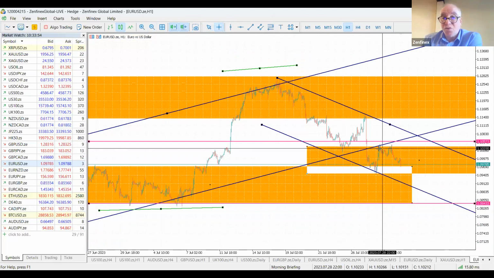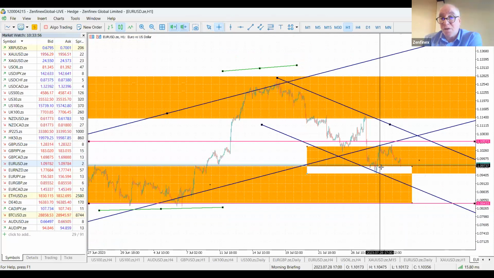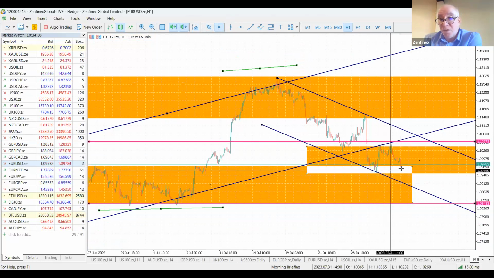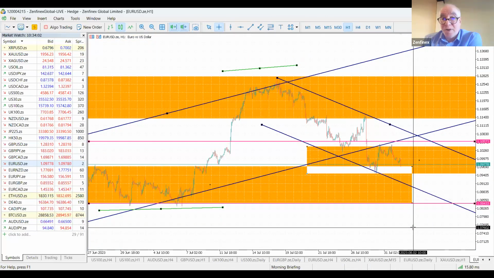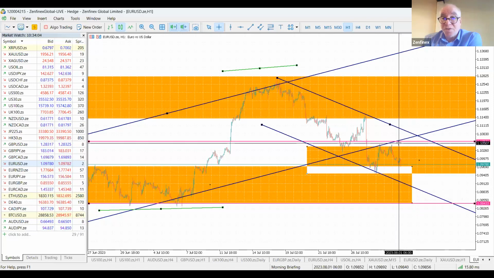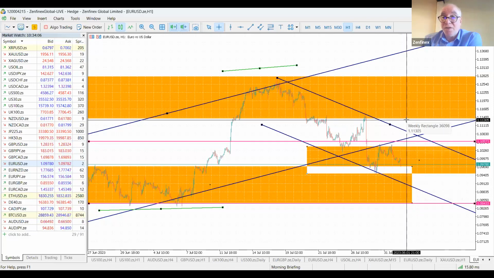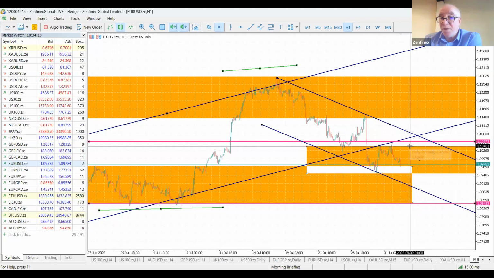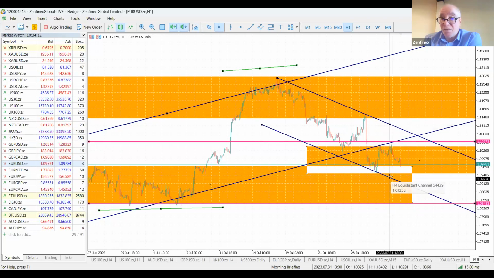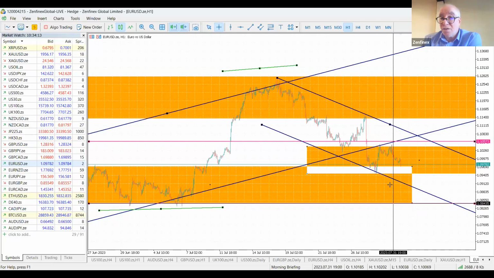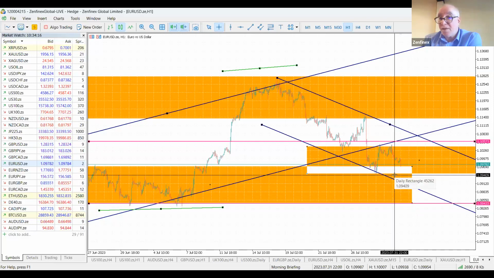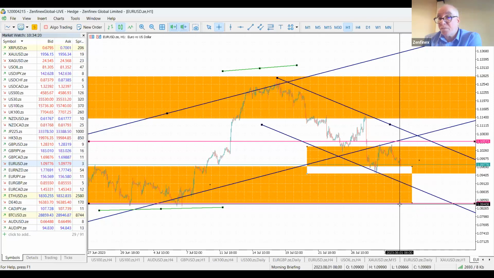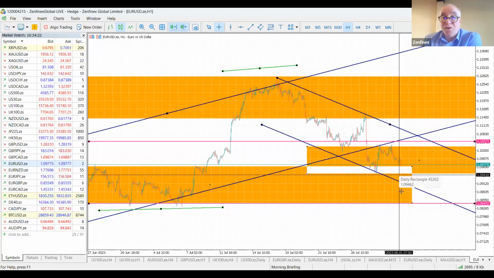And this is the newer level of consolidation, which I need to figure out if it's going to break down and break through these levels here, or it's going to bounce and come back and retest these. There's about 80 pips from here, and from here to here. Let's see the breakout of this area, depending on where we get it, it's almost at 90 pips here.